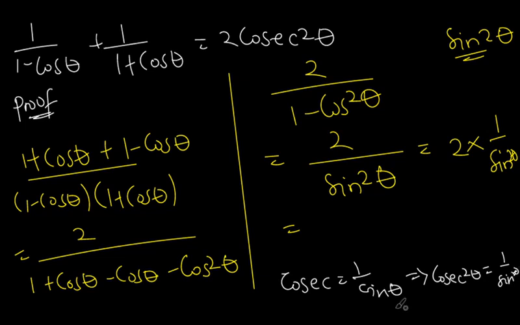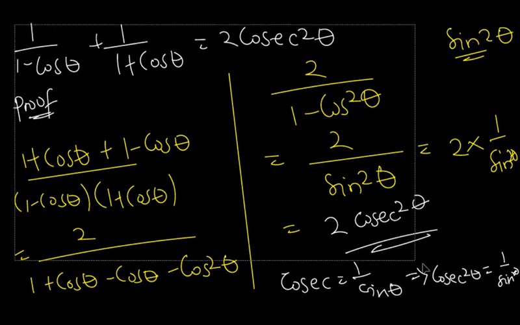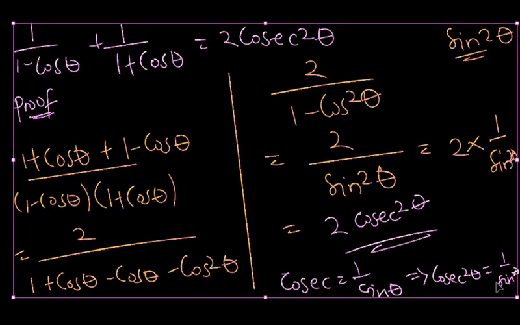So this should make sense. So what we have over here can be written as 2 times 1 over sine square theta, which is equal to 2 cosec square theta. This is what we were asked to find. This is the first example of how we use the basic trigonometric identities to solve problems in trigonometry.